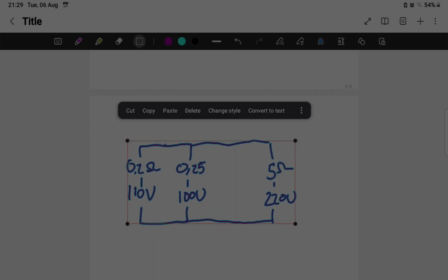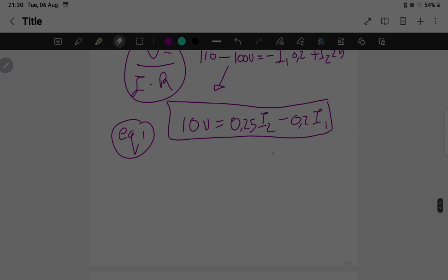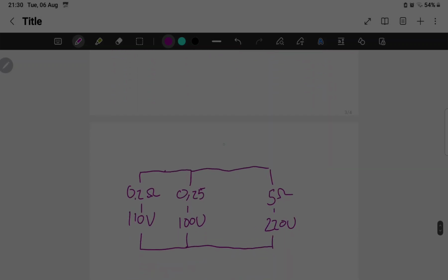So now we are going to simplify it. Let's make this I3, make this I1, and let's make this I2.